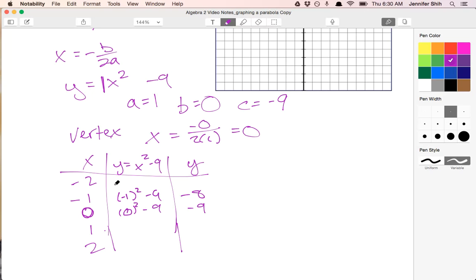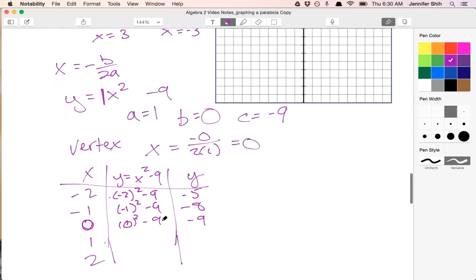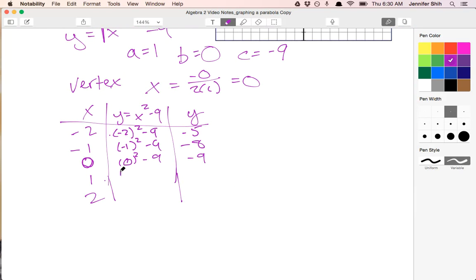Negative 2 squared minus 9 is equal to negative 5. And then 1 squared minus 9 is equal to negative 8. And 2 squared minus 9 is equal to negative 5.